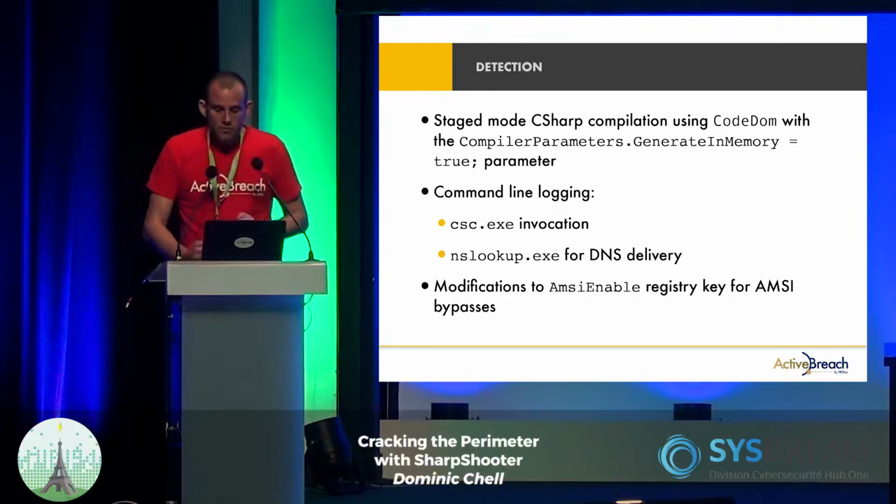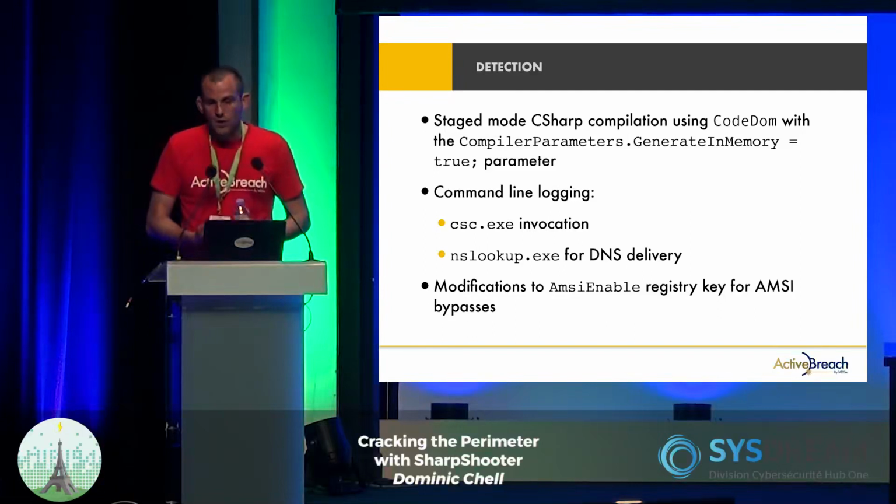If the payload is using something like DNS delivery, the way the DNS delivery works is it calls out to nslookup.exe on the command line to retrieve text records. The reason it uses this technique with nslookup is because version 3 of the .NET framework doesn't have a native library to do DNS text lookups.